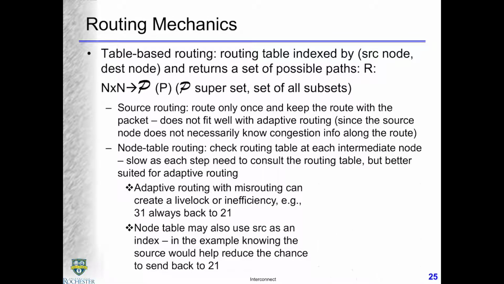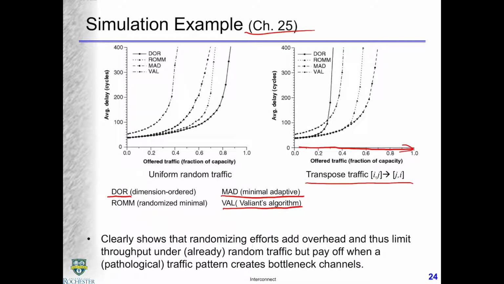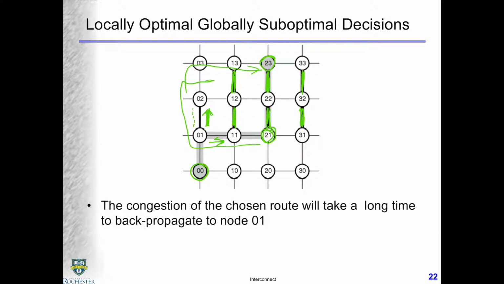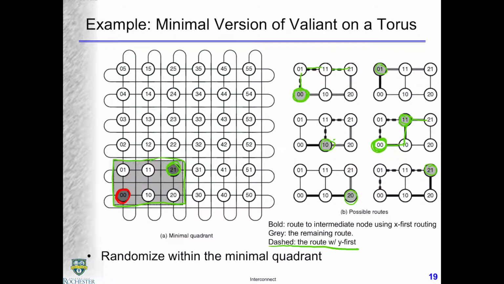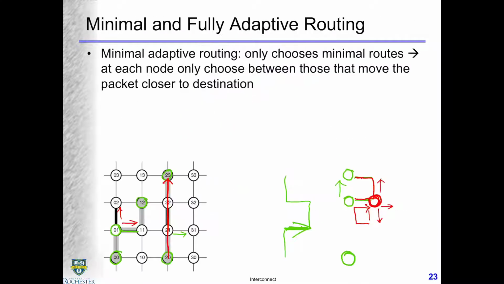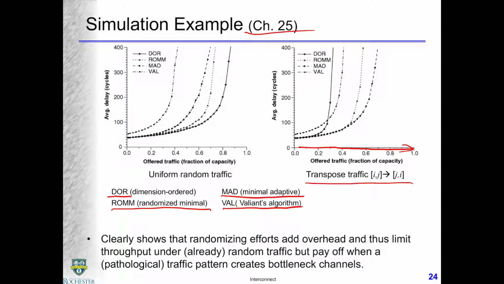So that's minimum adaptive routing. And finally, we have randomized minimal, and this is this example over here. So we choose the box, it's randomized, and it's within the minimal box, so we will never have misroutes. We will never go outside the box. So we compare these four.